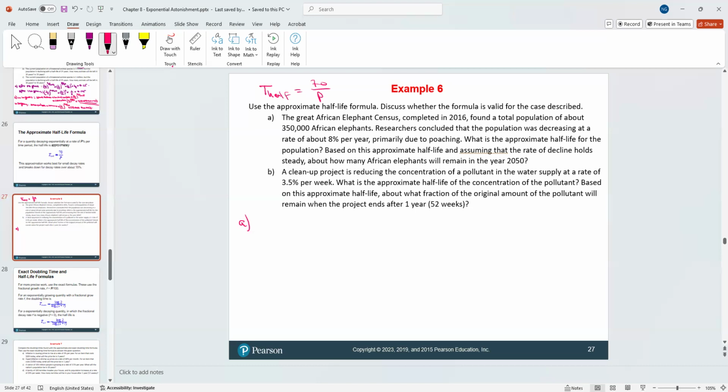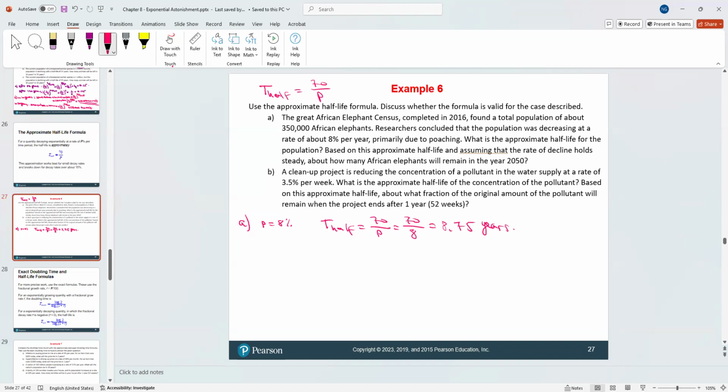For us here, p is 8%. So T half, because that's what they ask you to find, is 70 over p, so 70 over 8. If you do 70 over 8, it takes about 8.75 years to halve. So that's the first part of the question.